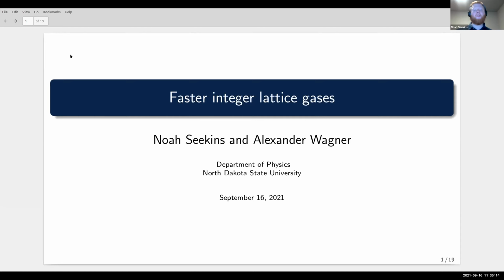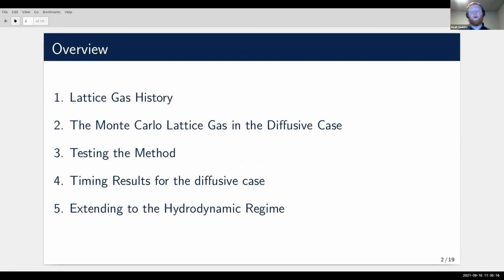Anyway, that is what we've been up to. This talk will cover a little bit of lattice gas history, since it's not a super common topic, even in the fluid dynamic simulation circles, just so you can get a good idea of what the context is. And then we'll be discussing our algorithm, which is the Monte Carlo lattice gas in the diffusive case.